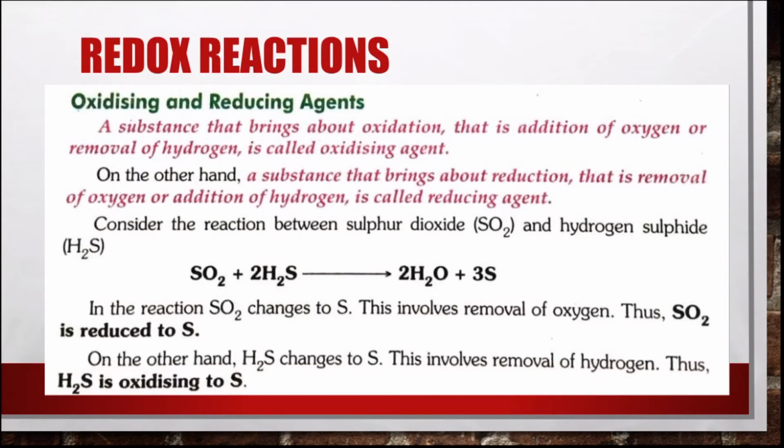Consider the reaction between sulfur dioxide SO2 and hydrogen sulfide H2S. In this reaction, SO2 changes to S. This involves removal of oxygen. Thus, SO2 is reduced to S, that is sulfur. On the other hand, H2S changes to S. This involves removal of hydrogen. Thus, H2S is oxidized to sulfur.